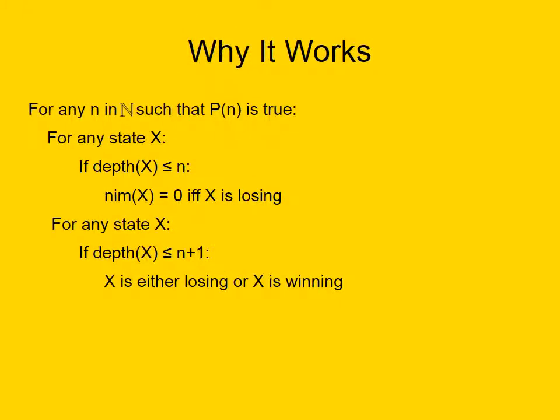For any n in natural numbers such that P(n) holds, for any state x, if depth x is less than or equal to n, then nim(x) is equal to 0 if and only if x is losing. Then for any state x, if the depth of x is less than or equal to n plus 1, x is either losing or winning.